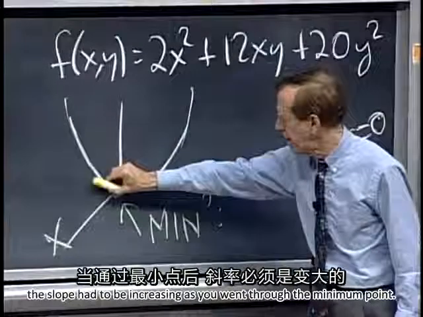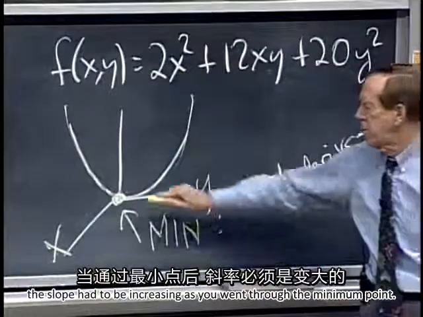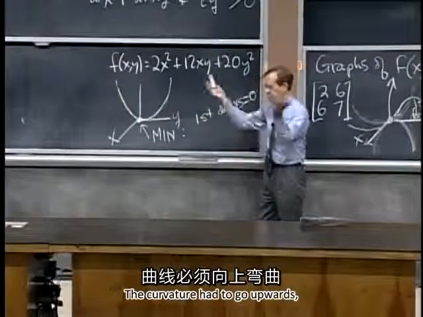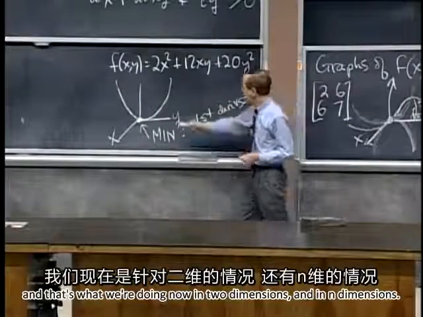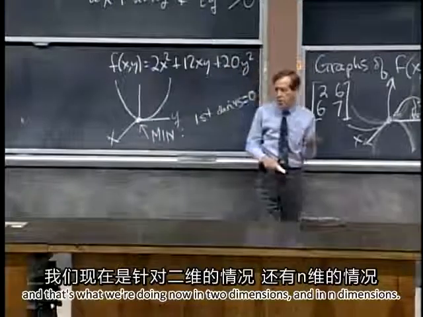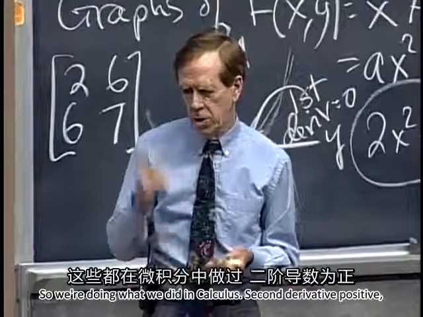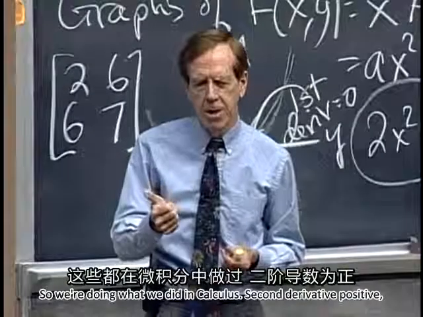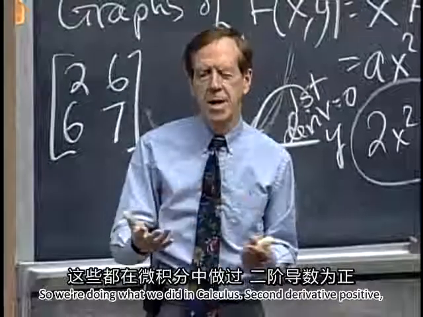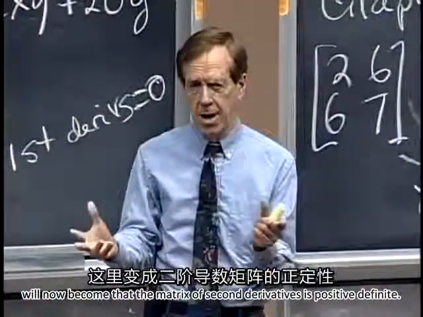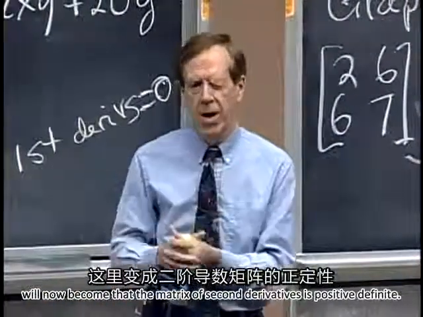The slope had to be increasing as you went through the minimum point. The curvature had to go upwards. And that's what we're doing now in 2 dimensions and in n dimensions. So we're doing what we did in calculus. Second derivative positive will now become that the matrix of second derivatives is positive definite.